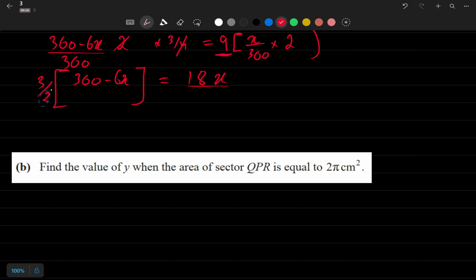Now if you multiply this 2, which is being divided here, to the other side, you will get 3 times 360 minus 6x, which is equal to 18 times 2, which is 36x.